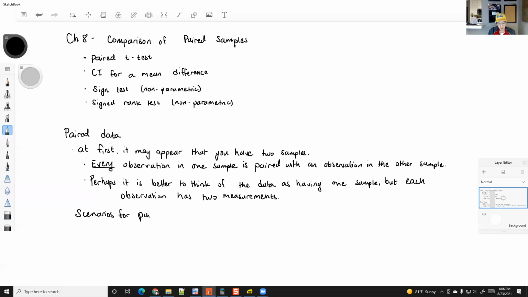So some common scenarios for paired data would be something like you have before and after measurements. Or you have twin studies.